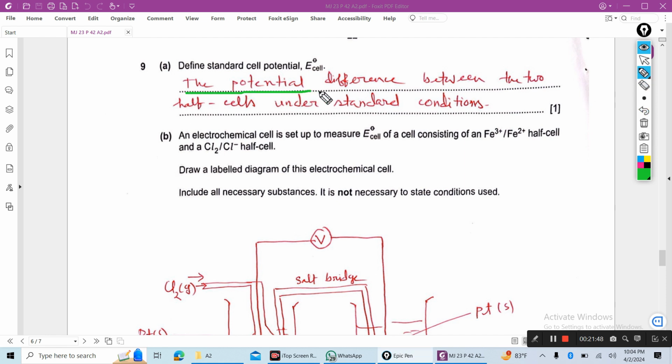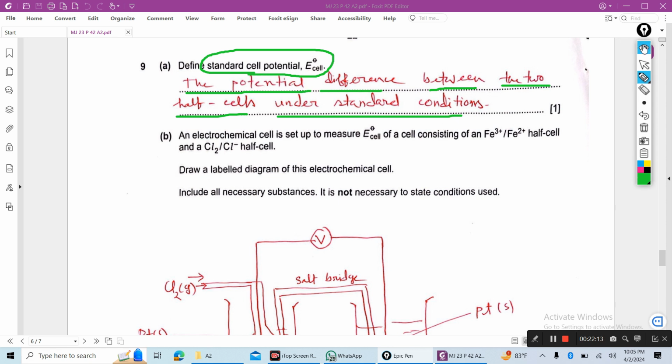The potential difference between the two half cells under standard conditions. This is: define the term standard cell potential. The potential difference between the two half cells under standard conditions is known as standard cell potential.